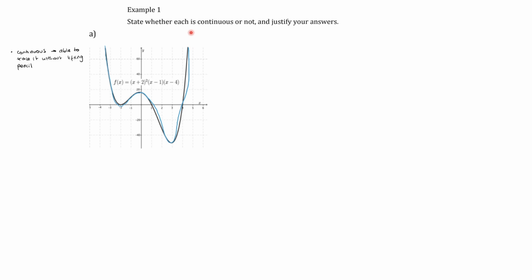Okay. So again, we have no holes, no jumps, no asymptotes. So yes, it is continuous. Okay, so polynomial function, continuous.